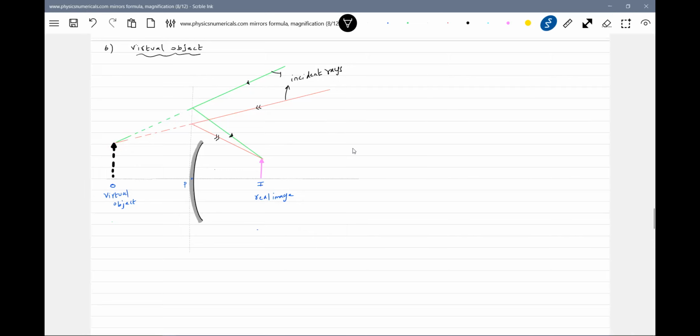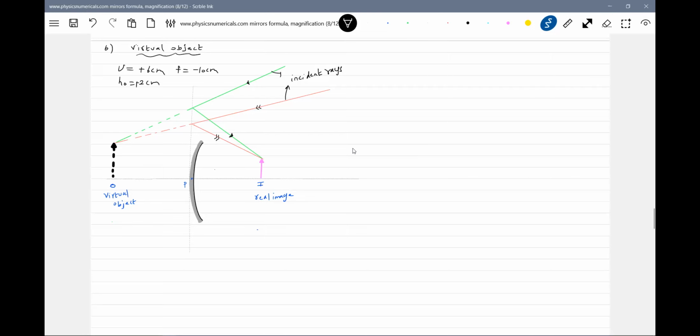Again, we'll take the same formula. The object is at +6 centimeter. Focal length is -10. Height of the virtual object is +2 centimeter. Let me write the data in this way.